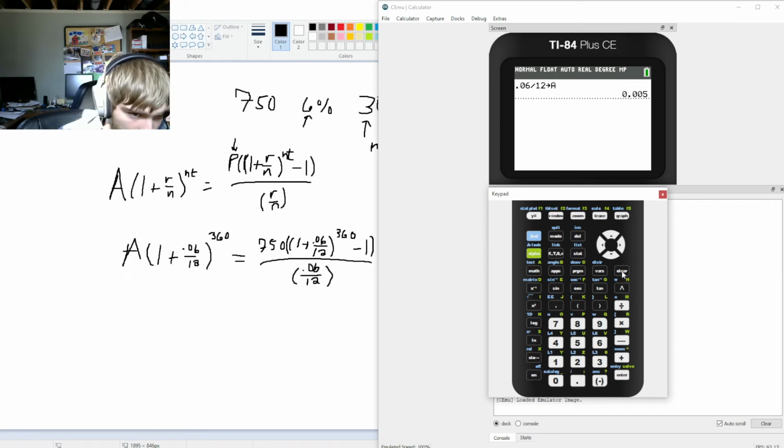It's 0.005. So now I'm going to do 750, open parenthesis, 1 plus A, close parenthesis, to the 360, minus 1. Don't want to forget that. Minus 1, close parenthesis.